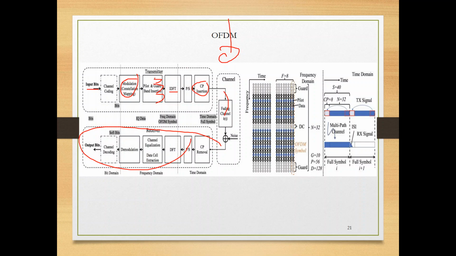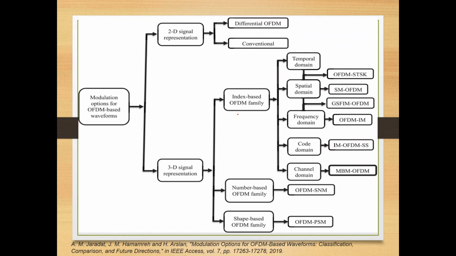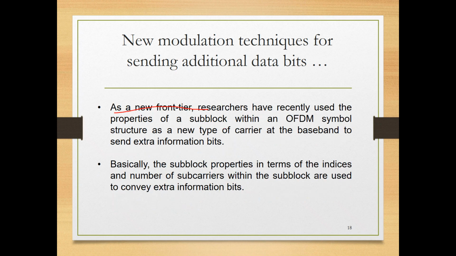If you play with the properties of these subcarriers, you consider them as a new carrier that can send new types of information. So basically the subblock properties, in terms of the indices and number of subcarriers within the subblock, can be used to convey extra information bits.